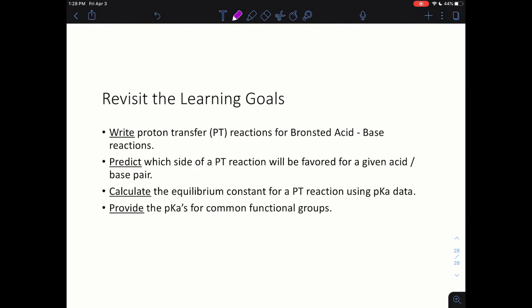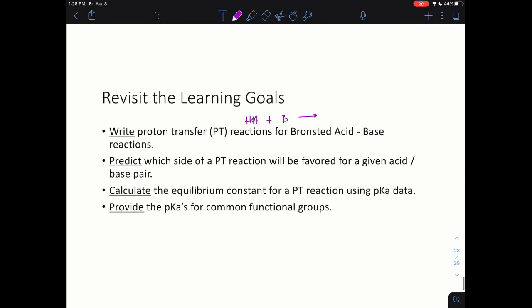This has been a long video, so let's go ahead and end it by making sure we have achieved the learning goals. You should be able to write proton transfer reactions for Bronsted-Lowry acid-base combinations. So some acid HA donates its proton to some base, we'll call it B-, and that makes A- and HB.